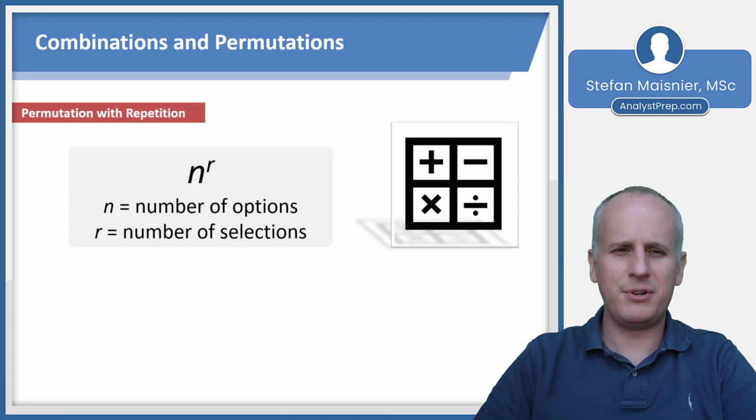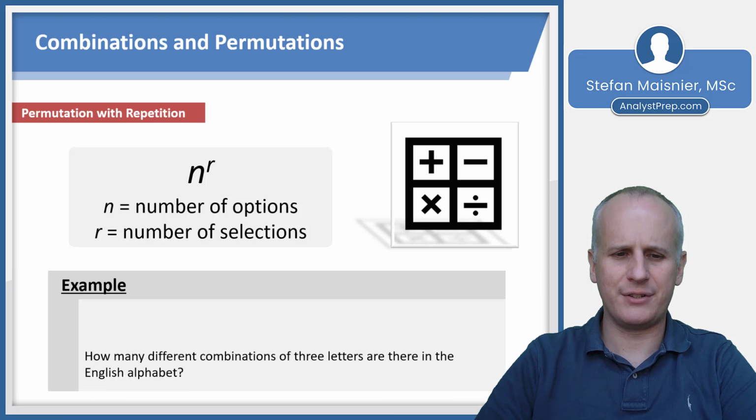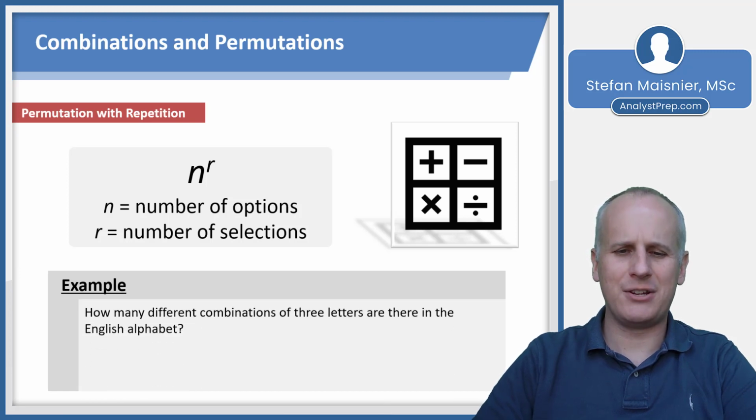Now, a permutation with repetition is probably the most simple of our choose notations, and we've got the number of options as n, and then the number of selections as r. So let's look at an example. How many different combinations of 3 letters are there in the English alphabet? So there are 26 letters, so our n is 26.